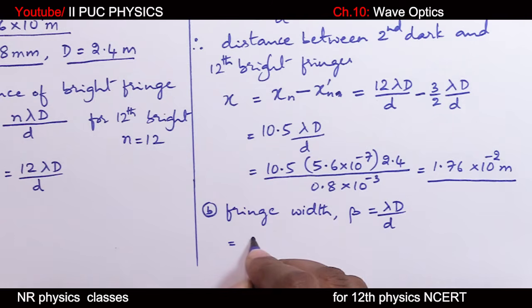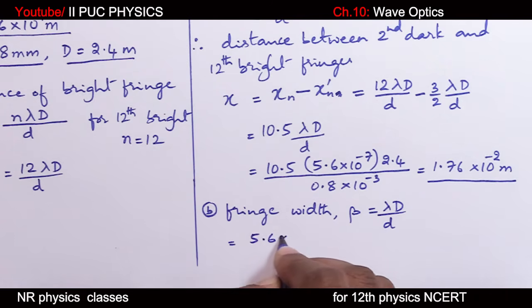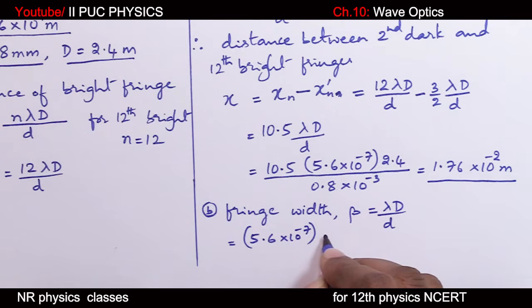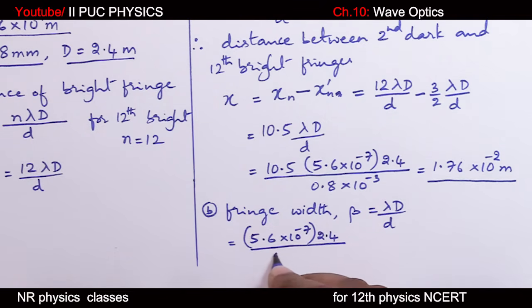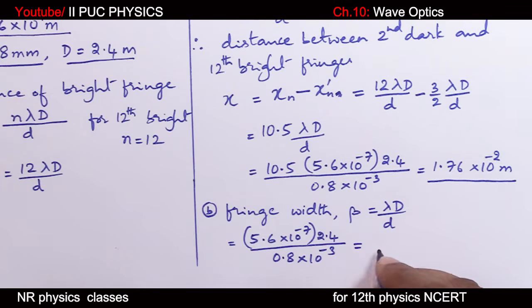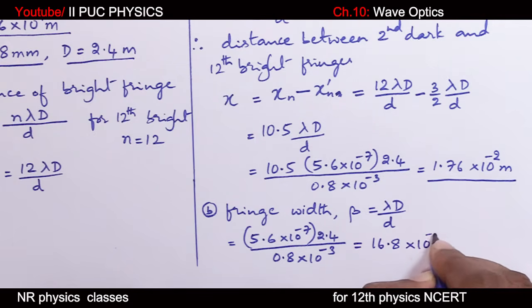Lambda is 5.6 × 10 power minus 7, capital D is 2.4, small d is 0.8 millimeter, 10 power minus 3. It is 16.8 × 10 power minus 4 meter.